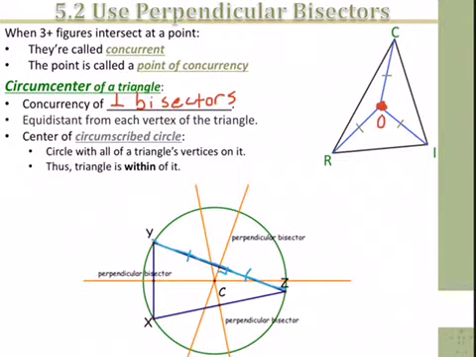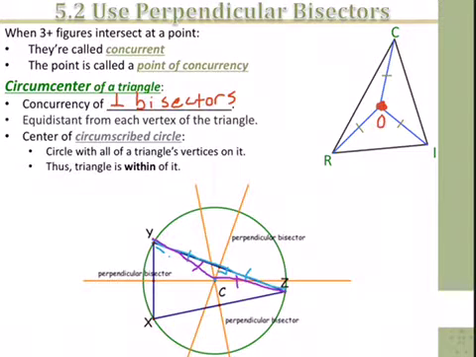But more importantly, C, which is a point that's on the perpendicular bisector, is going to be equidistant from the endpoints of Y and Z, which means YC and CZ are going to be congruent to each other.